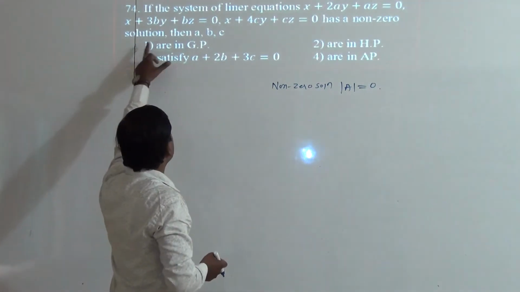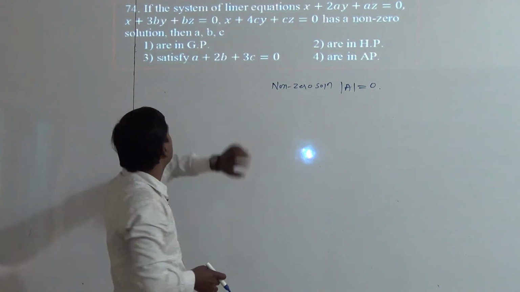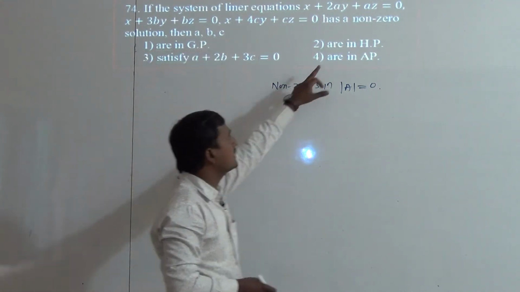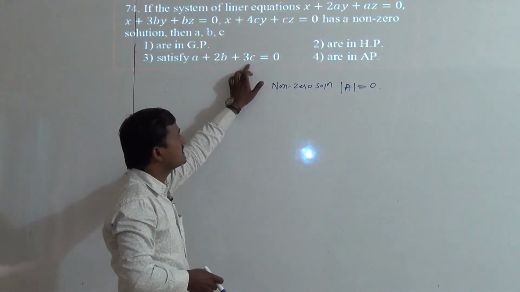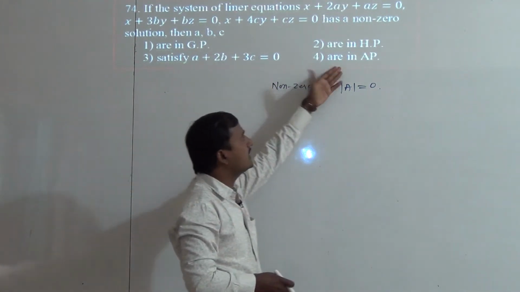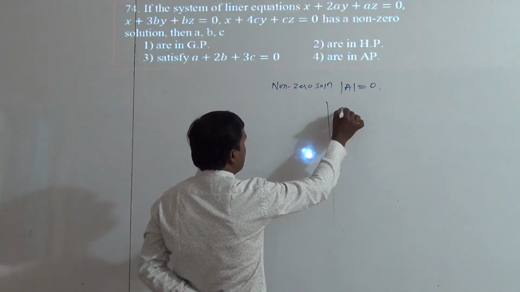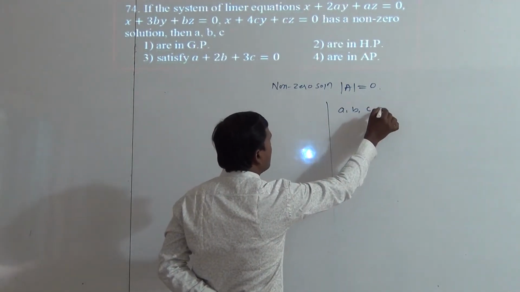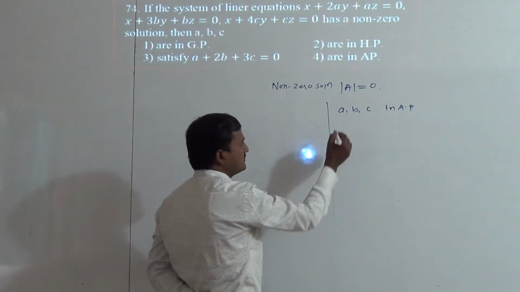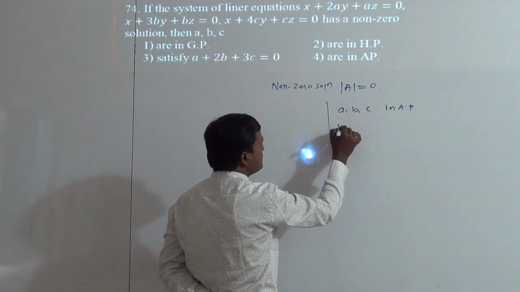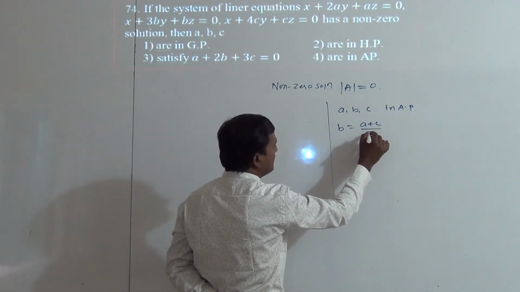So then, what is the condition for a, b, c? Are they in GP? Are they in HP? Are they in AP? If a, b, c are in AP, then the condition is b is equal to (a plus c) divided by 2.